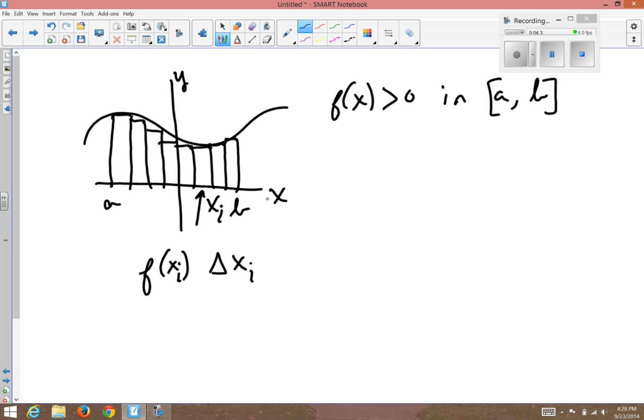All of these rectangles' areas can be expressed like this, because every one of them has, for the height, the function value, or the y value, and the width of each of them is delta x, this change in x here.